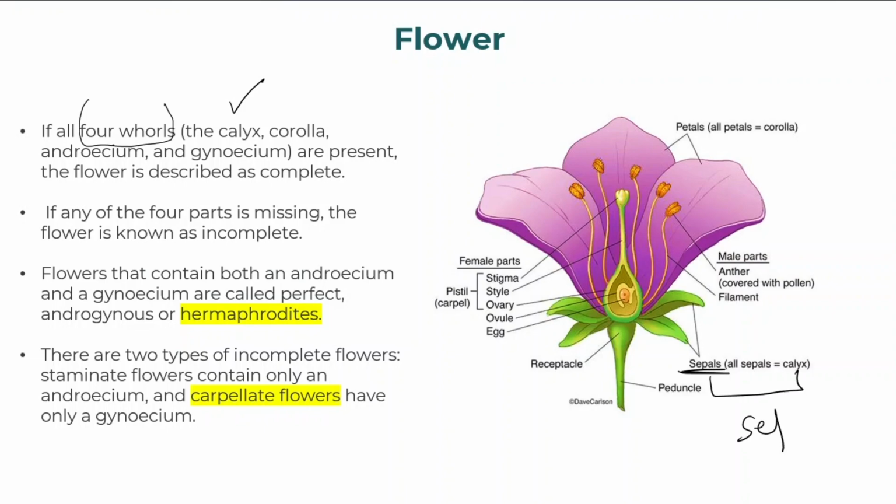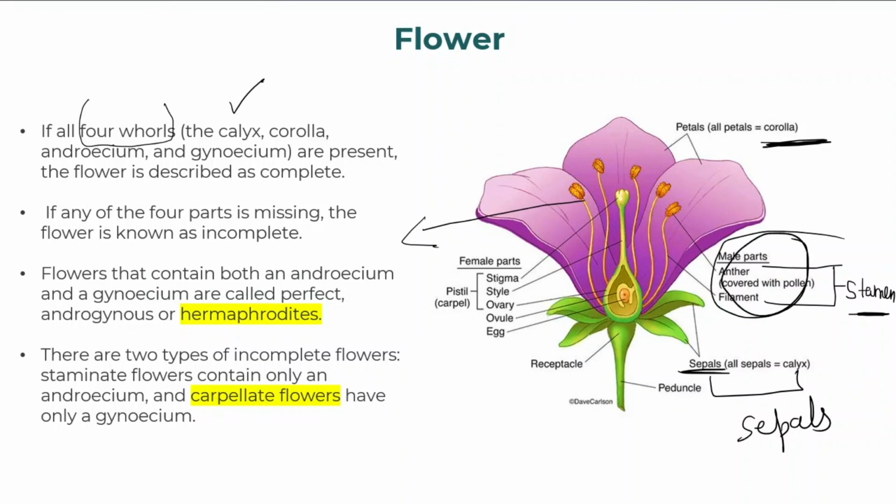The corolla is the petals. Androecium is the male part. The anther, which has pollen grains, and the filament together form the stamen, and this whole male reproductive part is known as the androecium.